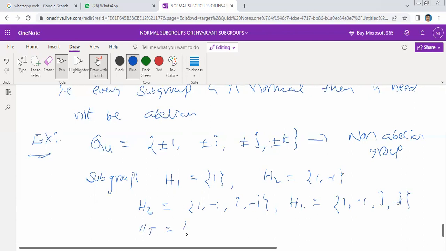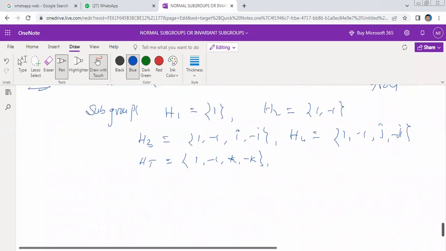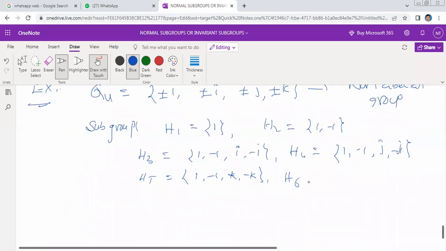H5, 1, minus 1, plus or minus K, plus K, minus K. Finally, what is H6? H6 is equal to G itself.